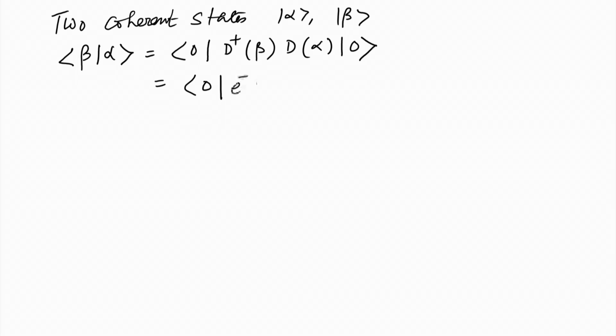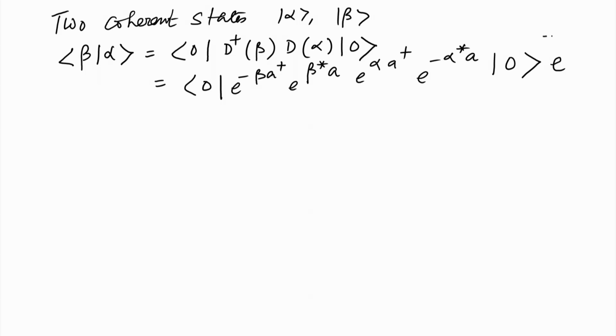So, this is exponential minus beta A dagger, exponential beta star A, exponential alpha A dagger, exponential minus alpha star A. This is the definition that we have studied, and along with it there is a Gaussian factor, exponential minus half alpha square minus beta square. So, this is the inner product of the two coherent states.